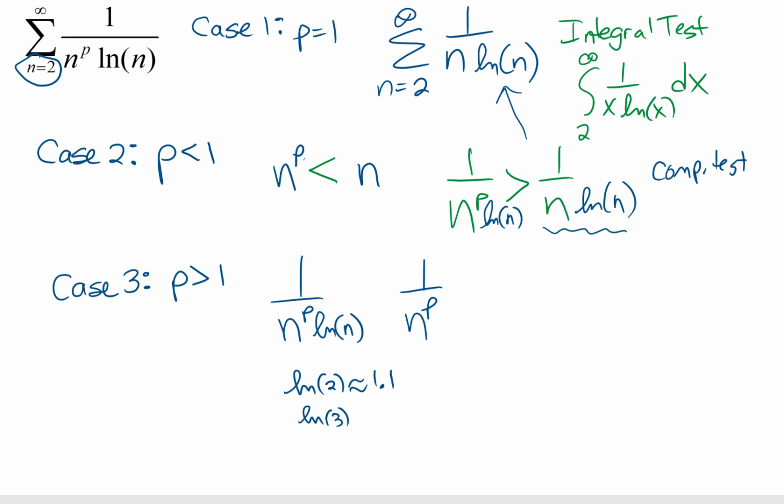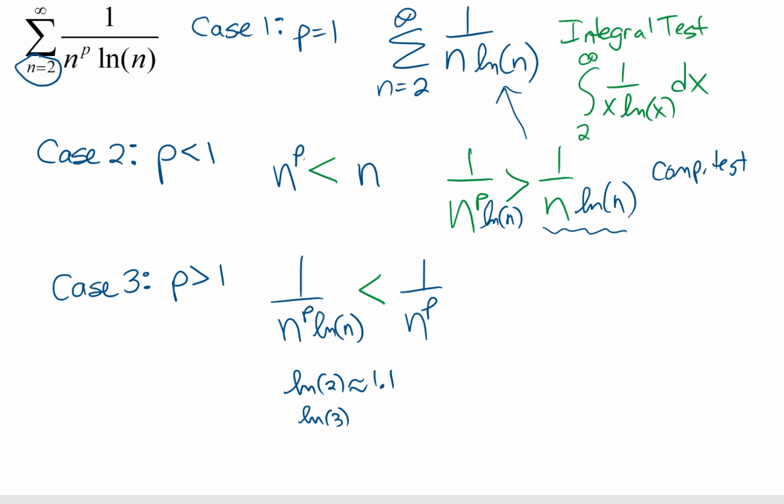Well, 1.1 is larger than 1, so if you multiply this denominator, the n to the p, by something that's larger than 1, it will make it larger. Well, larger denominator means smaller fraction. So we were figuring out which way the inequality goes, and it would have to go this way because we're multiplying that left-hand denominator by something greater than 1, making a larger denominator and therefore a smaller fraction.